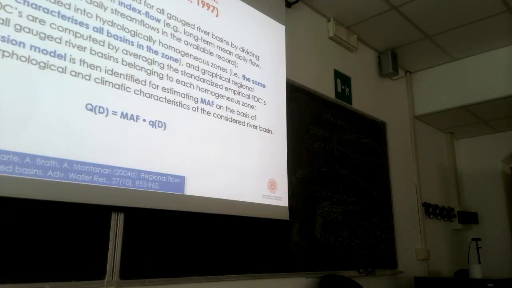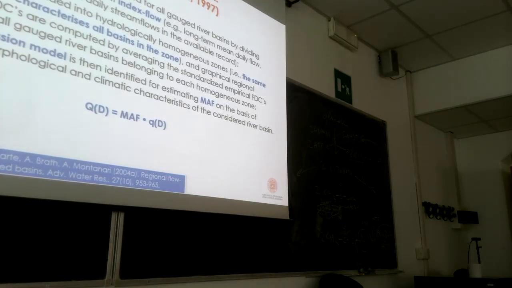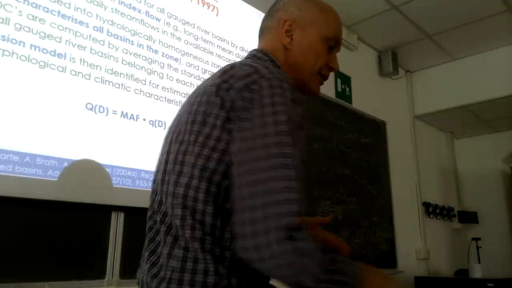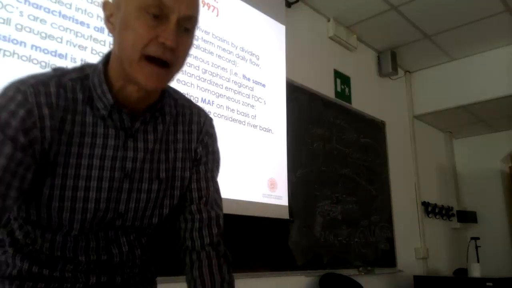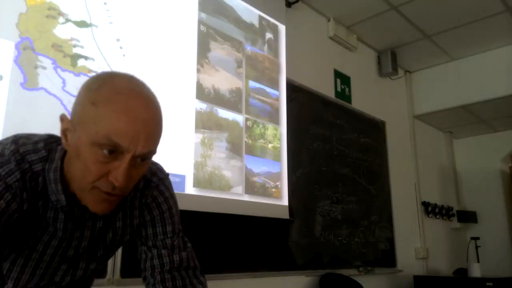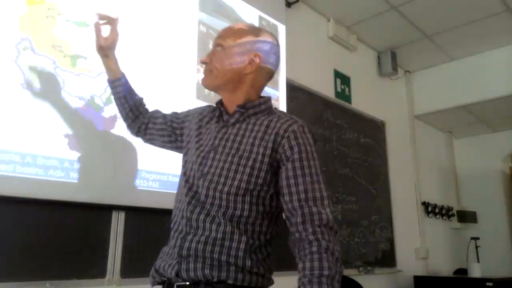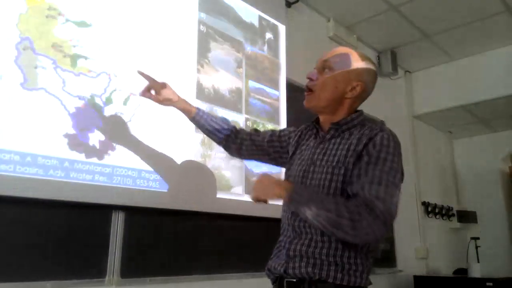This is a portion of central Apennine in Italy. This is the Apennine divide, and all the dots where you see numbers are conventional site IDs used by the agency that provided us with data, and all these observed data belong to catchments.